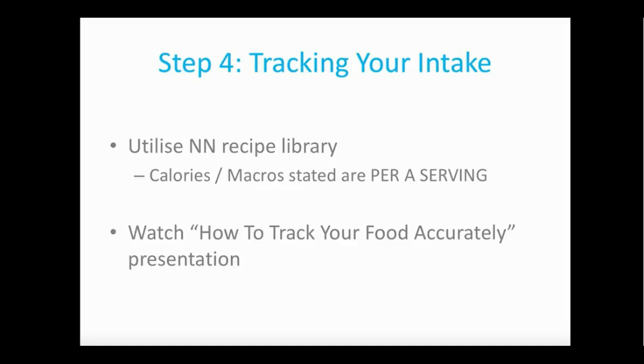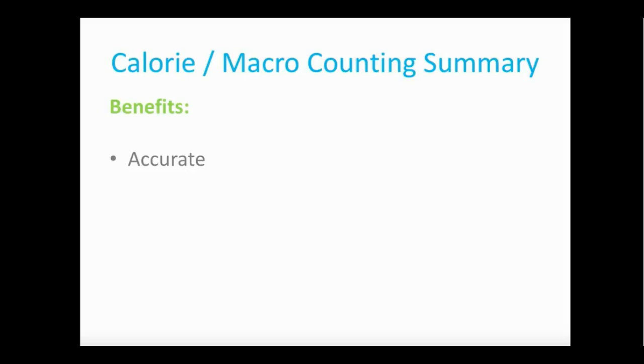Some of them say that. Also, you need to watch the presentation on how to track your food accurately. If you've watched through all this video and you've come to the conclusion that you want to track your food accurately, then I strongly recommend that you watch this presentation next.